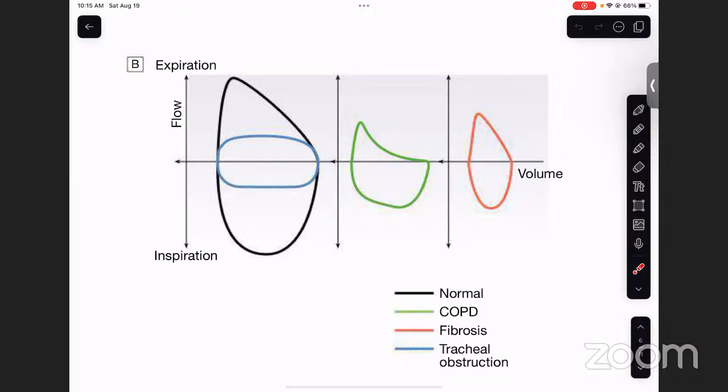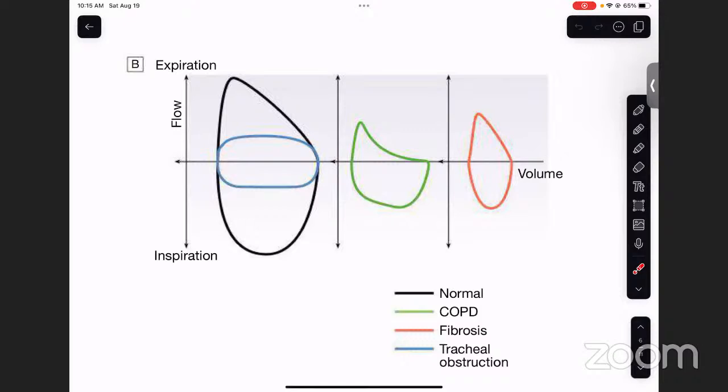There will be a reduction in the volume as well as the effort of expiration and inspiration, so there will be a reduction in the flow of the flow volume loop. So here you can see different pathologies and different diagrams of the flow volume loop, but the prominent one is tracheal obstruction.